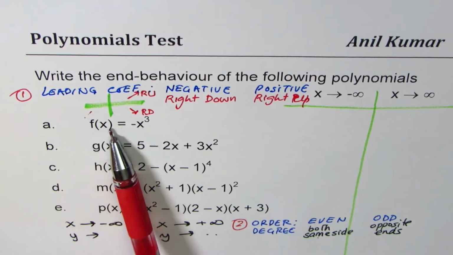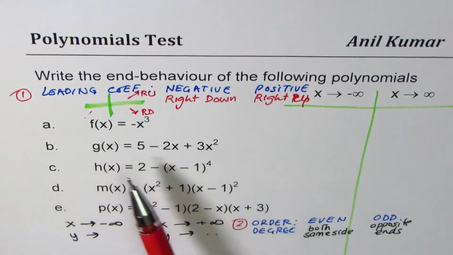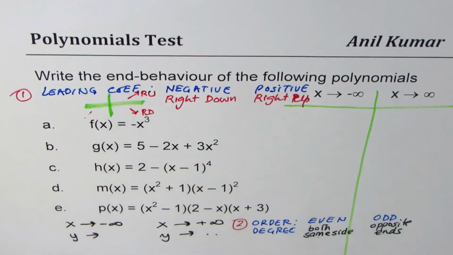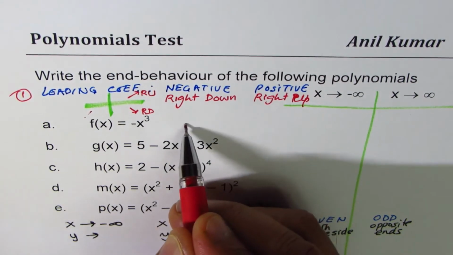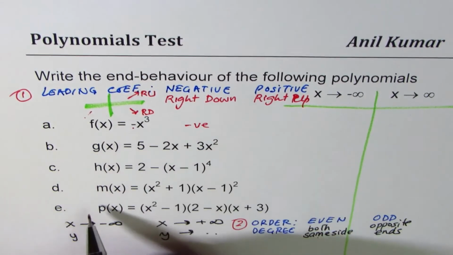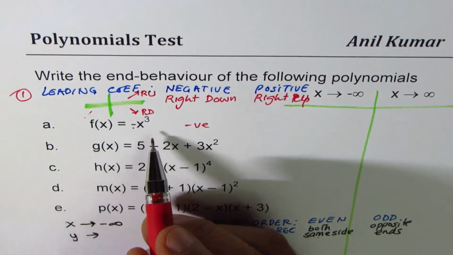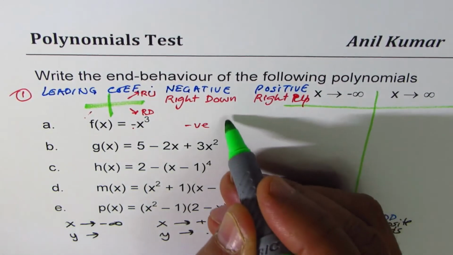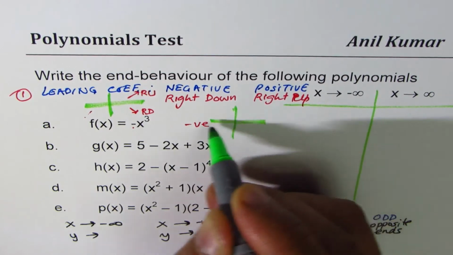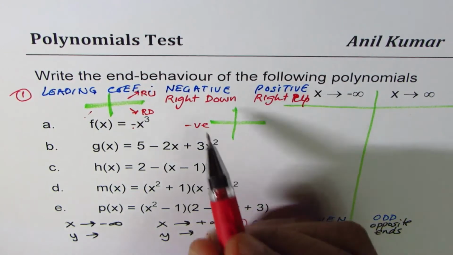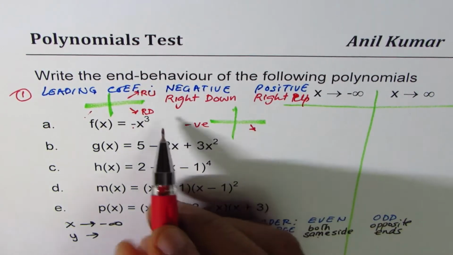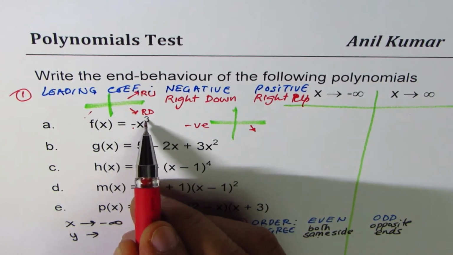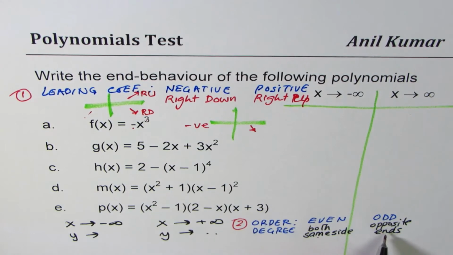The first one is f of x equals minus x cubed. So what is the leading coefficient? The leading coefficient is negative. Negative means right down, and the degree is 3, which is odd. Odd means opposite ends.